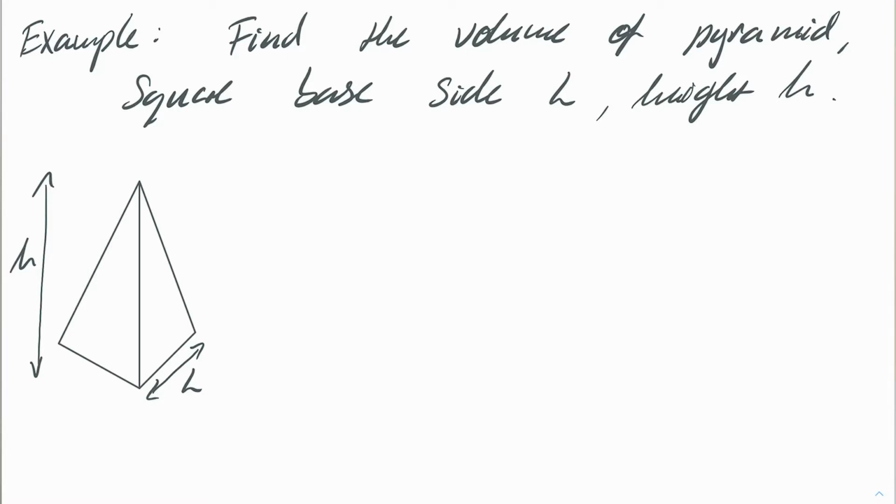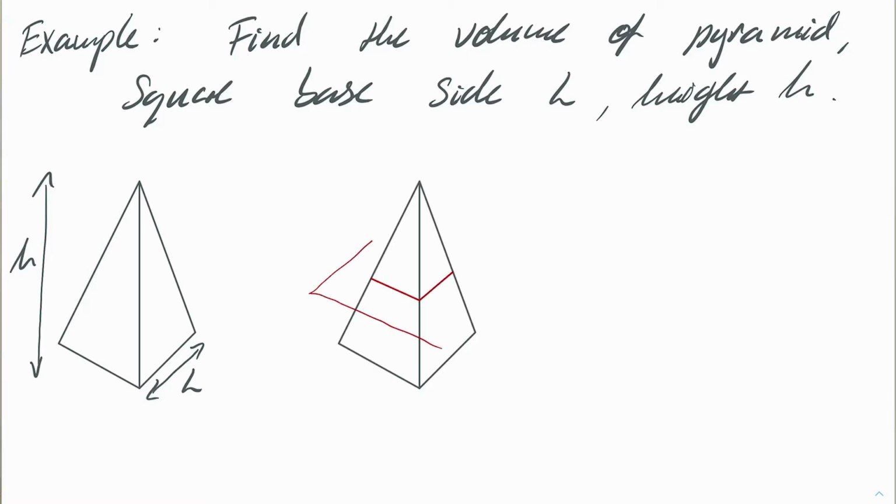How do we go about finding the volume of this? Well, the idea is to slice this up into slices where I can calculate the area of each slice in a systematic way. Then adding up those slices will give me the overall volume of the object. So what I'm going to do is choose a slice parallel to the base. That slices the pyramid, which gives me a square, and that square I can calculate the area of.